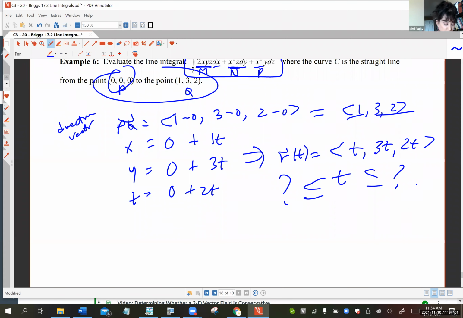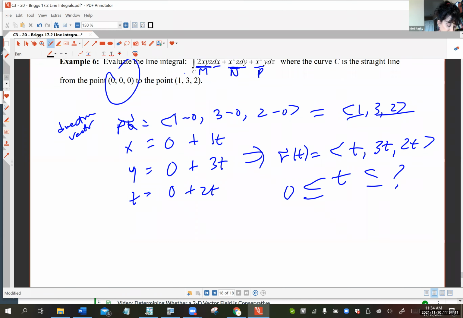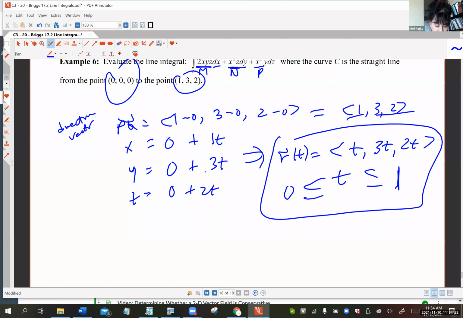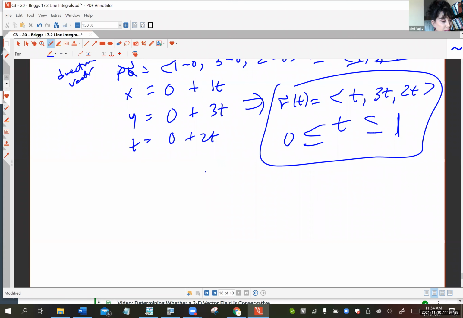You want your curve to start at 0, 0, 0, so time starts at 0 seconds. You want to finish at 1, 3, 2, so if I let t be 1 second, that will stop me at the ending point. So here we go, we've got the parameterization. Straight lines are always easy to parameterize. It's the curves that can be a little tricky.